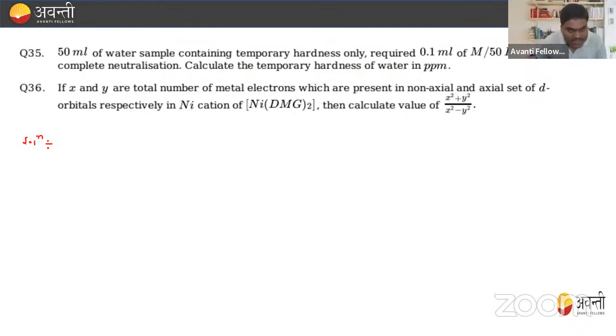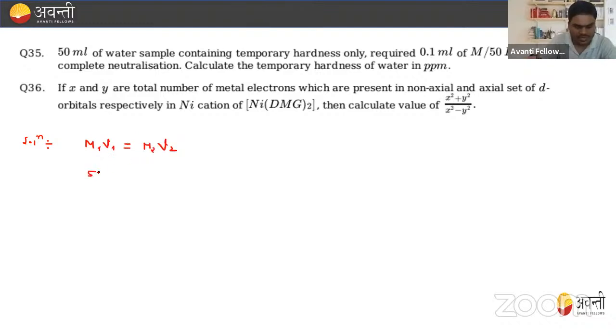Okay, so what is this? 50 ml of water sample containing temporary hardness only requires 0.1 ml of M by 50 HCl for complete neutralization. Calculate the temporary hardness of water in ppm. So how will you calculate this basically? We know that this is the molarity equation, M1 V1 is equal to M2 V2.